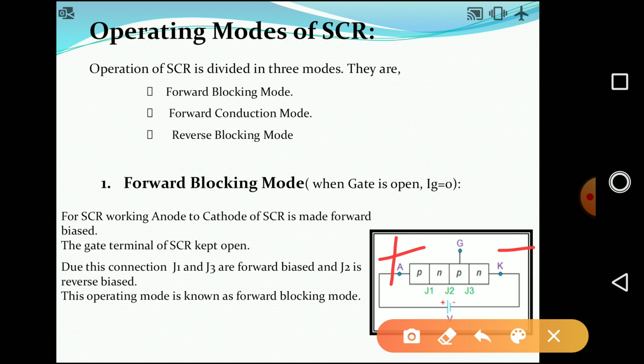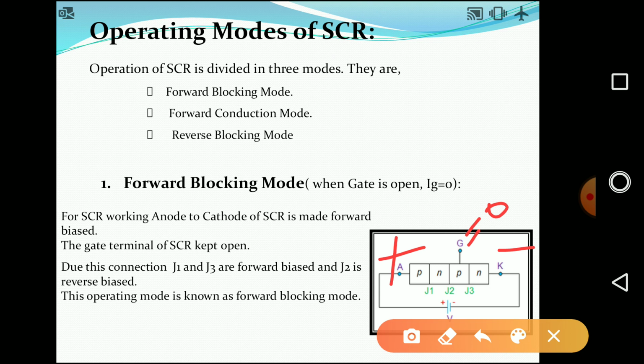This makes the J1 junction forward biased, and the supply to the N layer is negative, which makes J3 forward biased. This forward voltage makes J2 reverse biased, because the gate is at an open terminal, that is, gate current is 0.